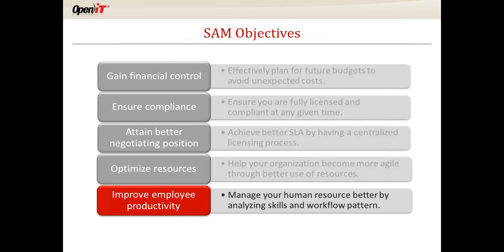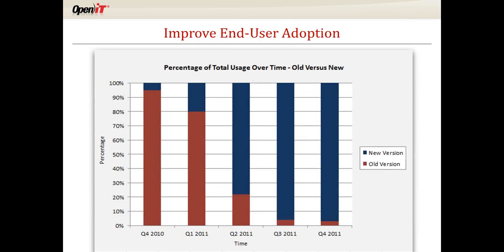And lastly, we're going to look at improved productivity, and I'm just going to run through some examples real quickly. Adoption of a new particular software, whether it's a new version of Microsoft Office, or whether you've made a decision to change from one tool to another that provides the same functionality.